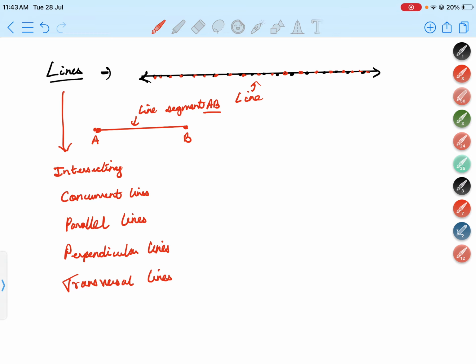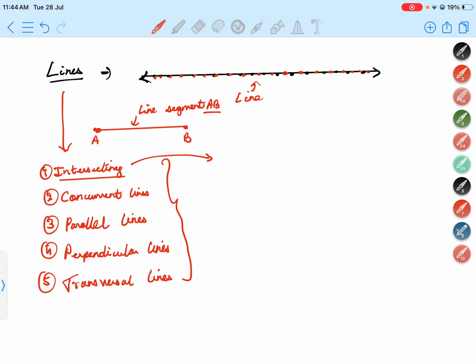These are all the topics we need to study for now, and if we encounter any different kind of topic which I need to explain to you, then we will do so in the upcoming lectures. So for now, let us study one by one about these different types of lines. First, starting with intersecting lines.